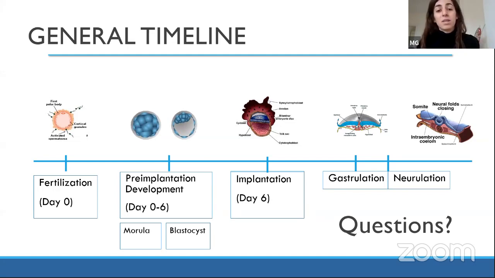Then implantation into the endometrial lining on day 6 or around day 6. Then gastrulation, that goes from a bilayer disc to a trilayer disc, right? And then neurulation, which is the ectoderm that is folding into a neural tube. Okay, so this was a summary of take-home messages. Try to remember these keywords, and I hope you understand all of these processes better now.